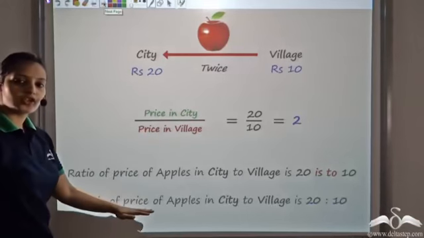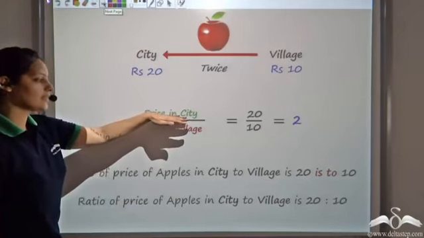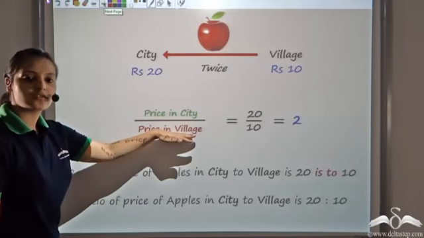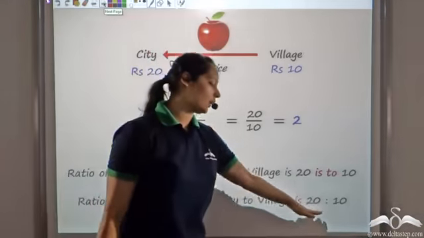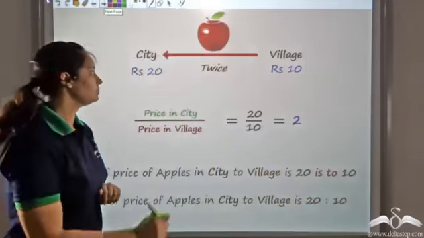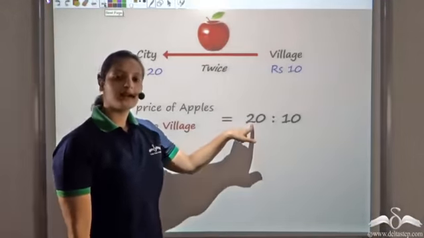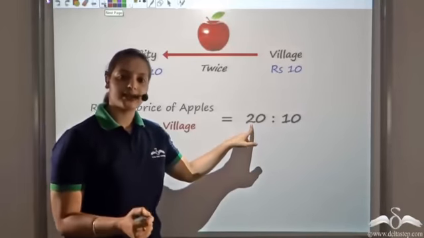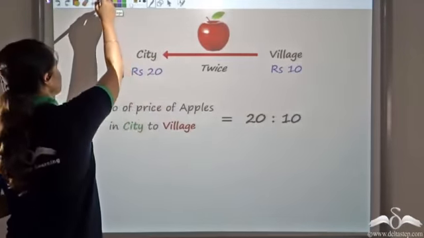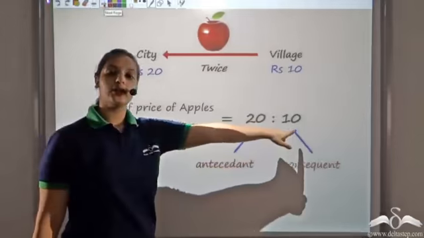So I can say that the ratio of the price of apples in the city to the price of apples in the village is 20:10. Now the first term in the ratio is known as the antecedent, whereas the second term is called the consequent.